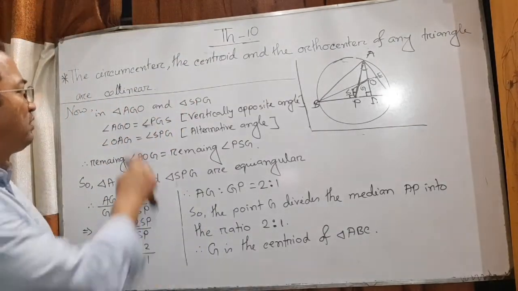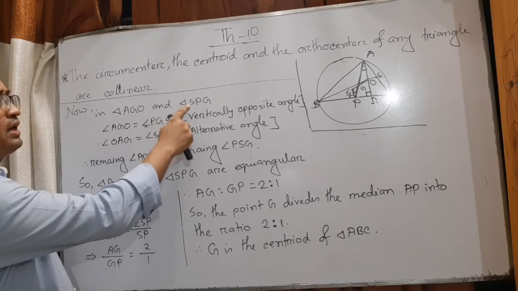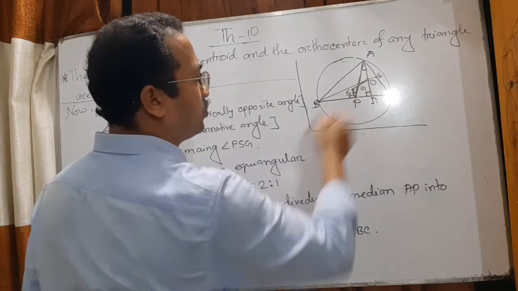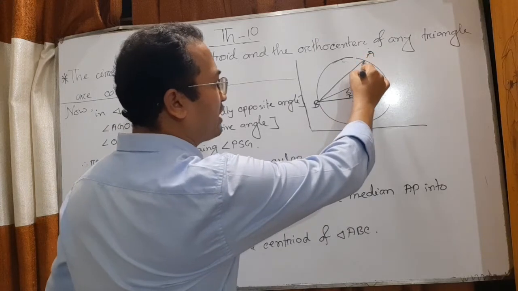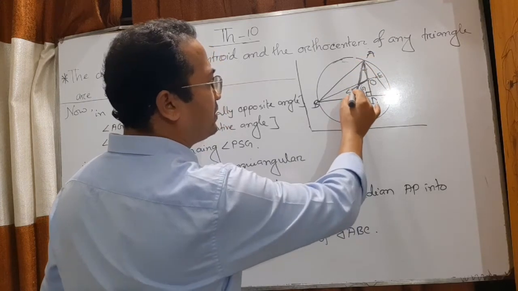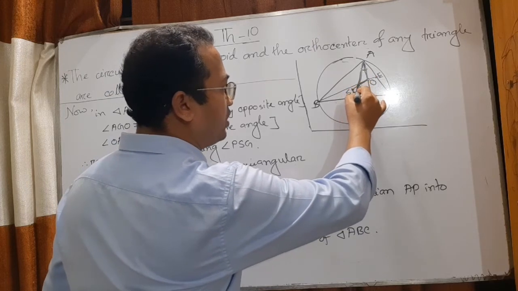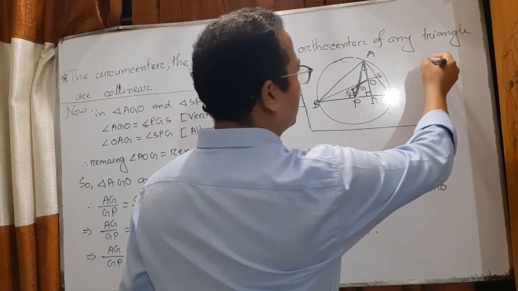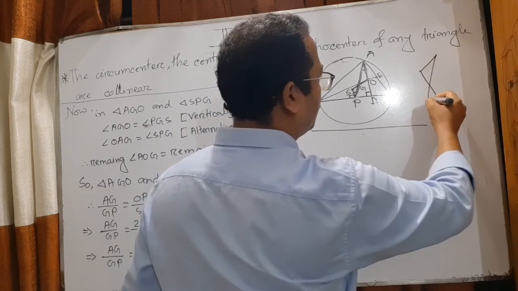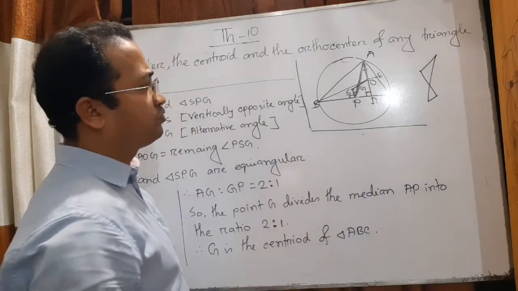Okay, now in triangle AGO, this upper triangle, and triangle SPG, this lower triangle, I draw over there like this.